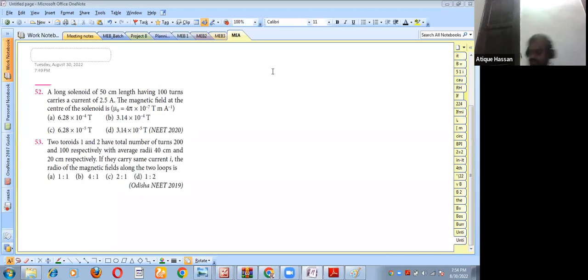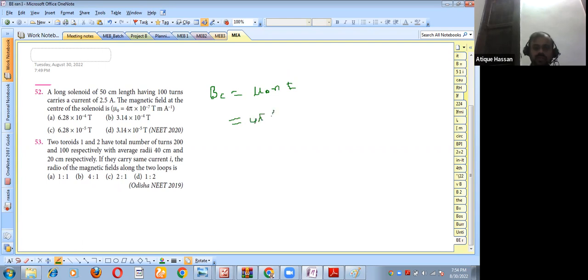So very easy. The first question is a long solenoid of 50 cm length having 100 turns, carrying a current of 2.5 A. Magnetic field at the center of the solenoid. We know that the magnetic field at the center will be mu naught n i, and mu naught is 4 pi into 10 power minus 7. n is the number of turns per unit length, right?